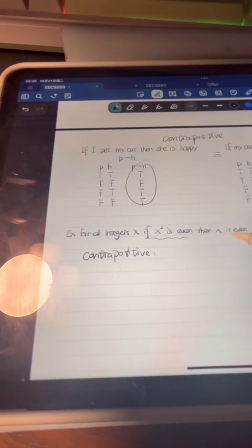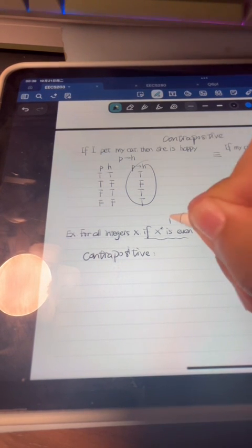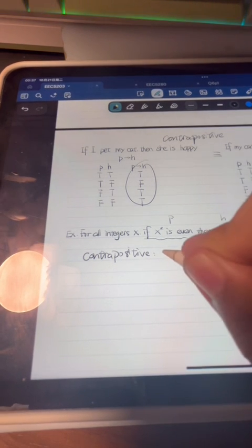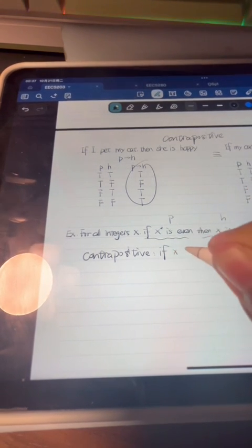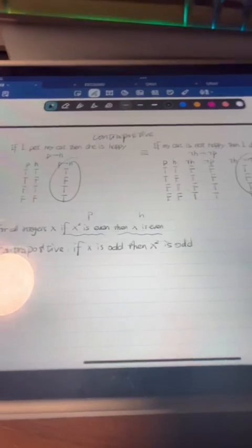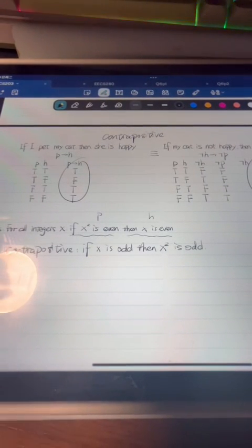This is the if part, and this is the then part, so this is P and this is H. Not H to not P is: if x is odd, then x squared is odd, right? So we need to prove this. If we prove that if x is odd, then x squared is odd is true, then we get if x squared is even, then x is even.